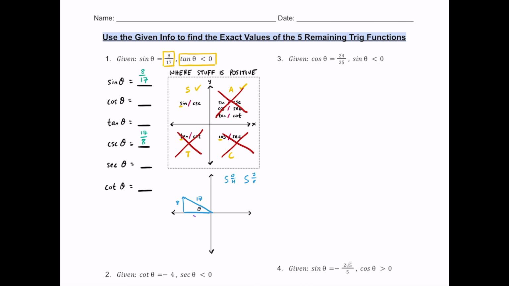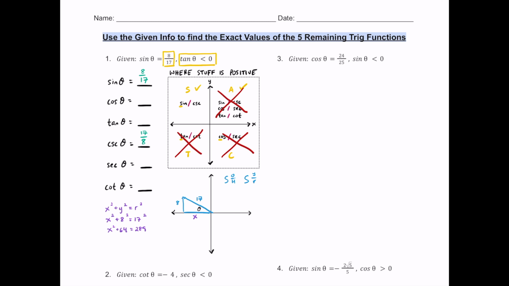To figure out the adjacent side or x length along the horizontal, we can go ahead and use Pythagorean's theorem and remember that we can say that x squared plus y squared is equal to r squared. And we are looking for x, we'll leave that alone, plus this 8 squared is equal to the 17 squared. And then 8 squared is going to be 64, and I believe 17 squared is 289.